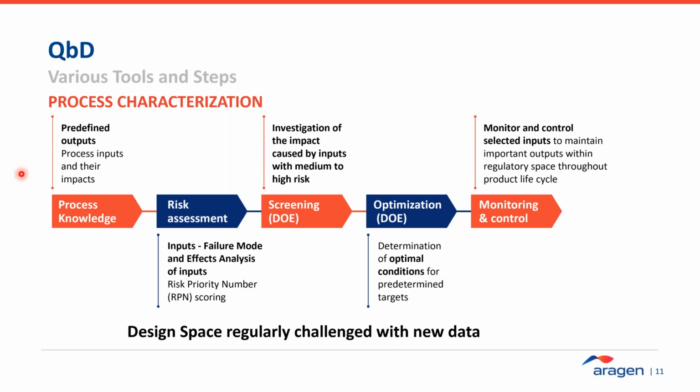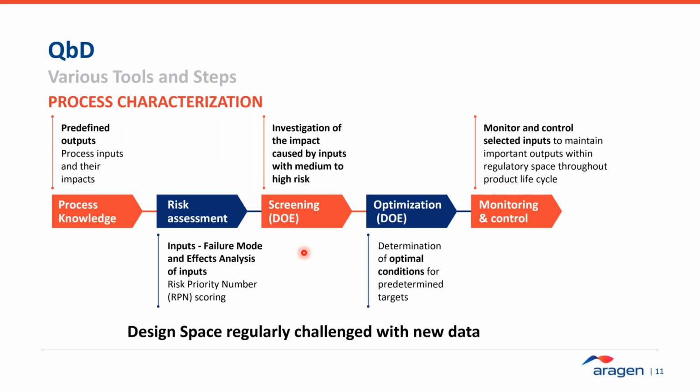This slide provides more details on tools and steps we typically use. We start with process knowledge, including inputs and their impacts. We use tools such as failure mode and effects analysis for prioritizing inputs based on the level and frequency of risks caused by them.